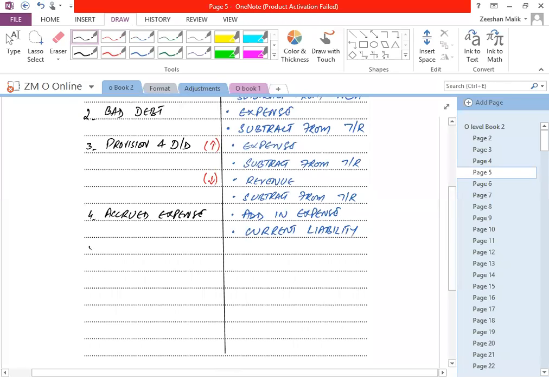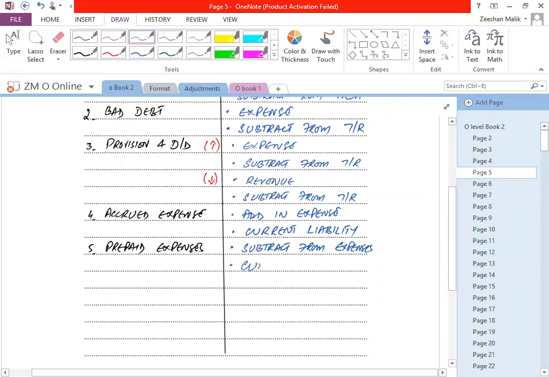Number 5, prepaid expenses. Subtract from expenses.